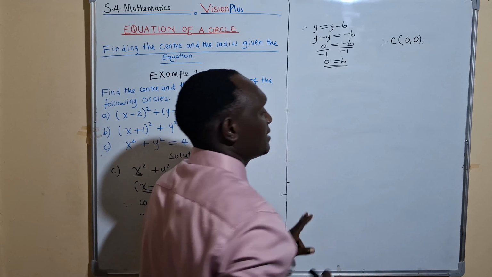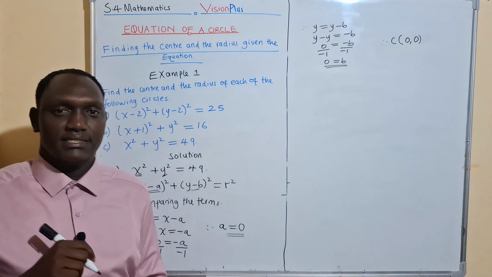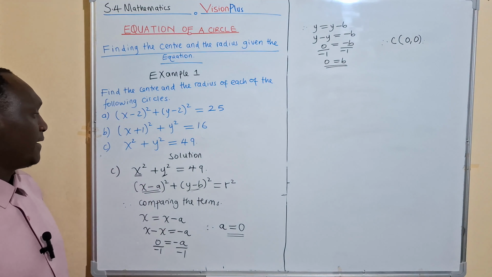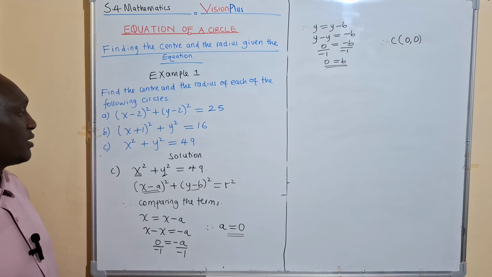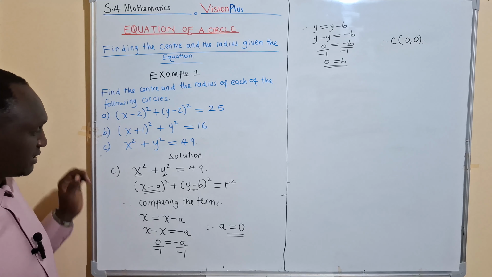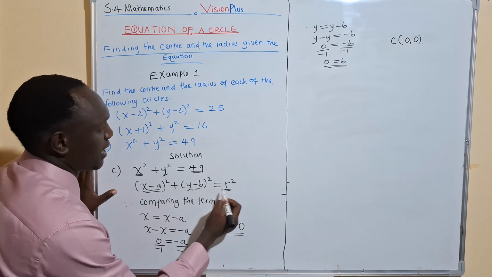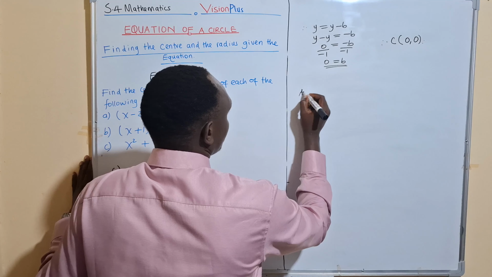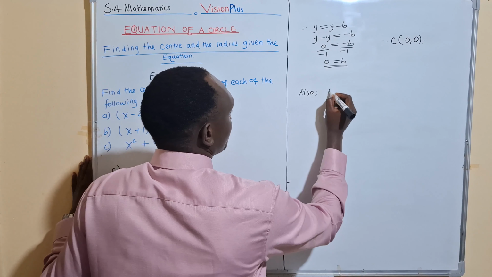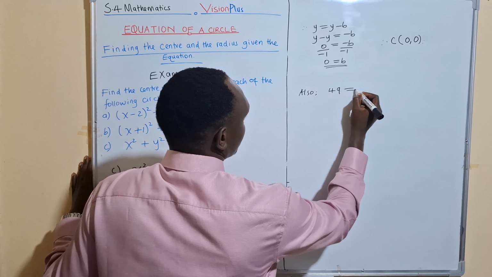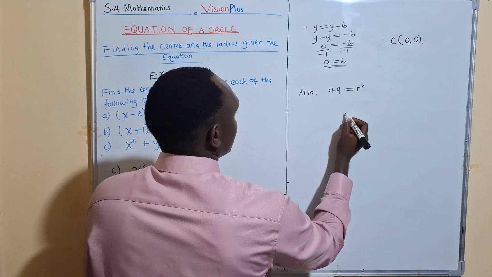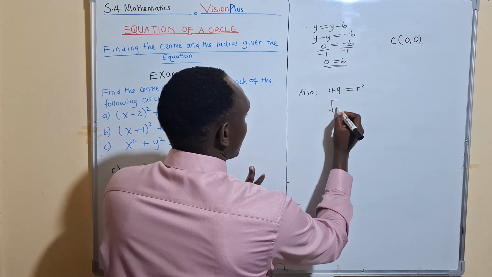This means that the circle is centered at the origin. And then, going to the radius, we say 49 here corresponds to r squared. That means for us to get r, we need to take the square root on both sides.